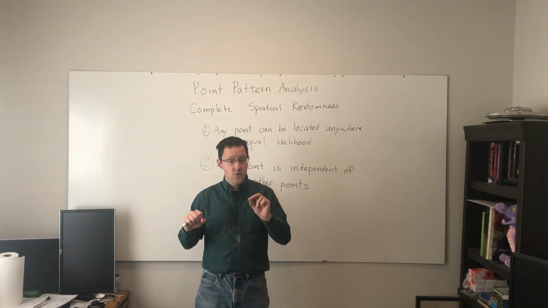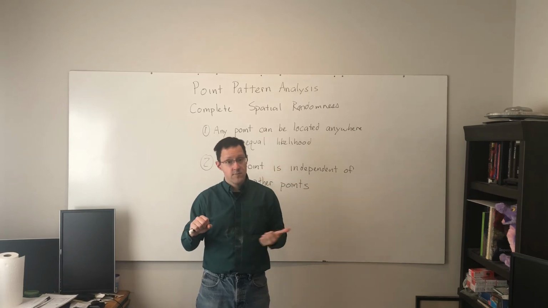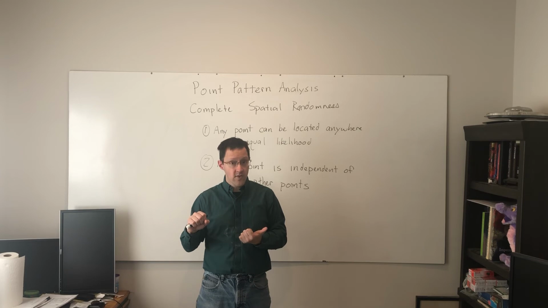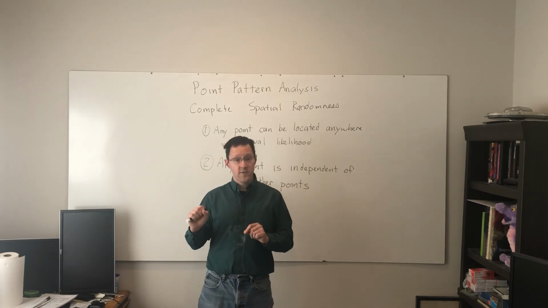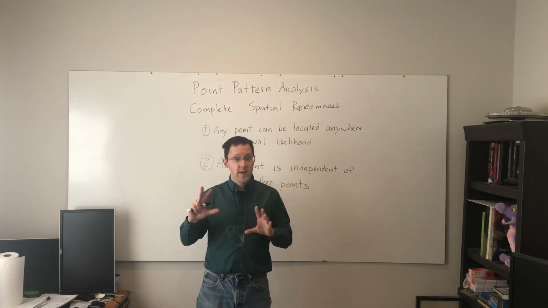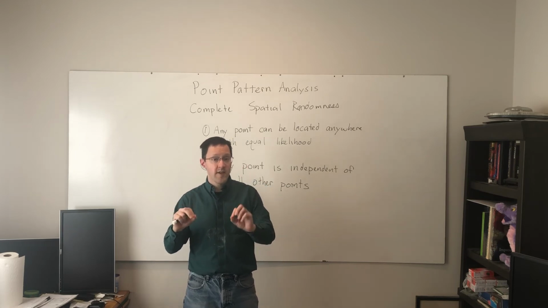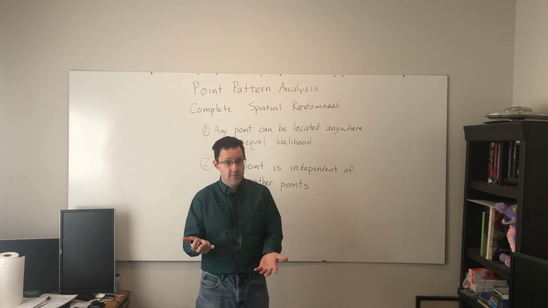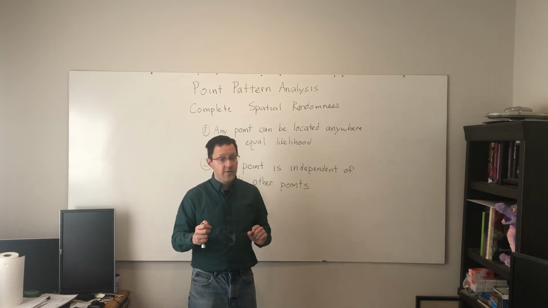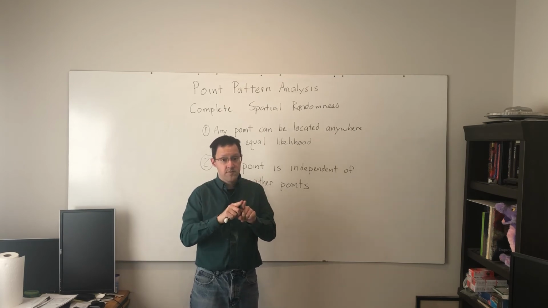These two assumptions, that points are equally likely anywhere in the study area, and that points are located independently of each other, lead to the two broad categories of tests for complete spatial randomness. There are tests that are based upon the distance between pairs of points.